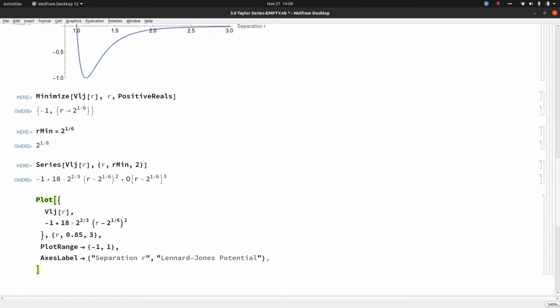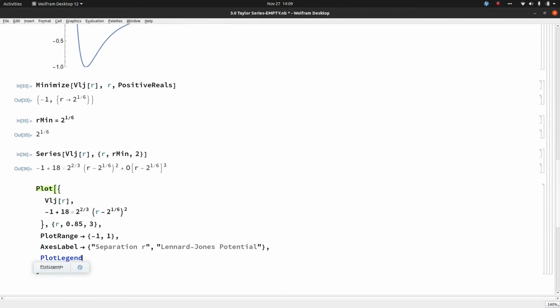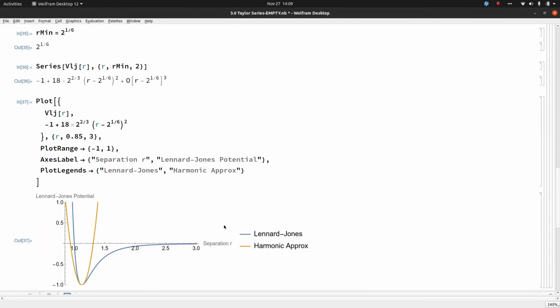I'll put in a legend, and we'll say the first thing we're plotting is the Lennard-Jones potential, and then we'll plug in the harmonic approximation.